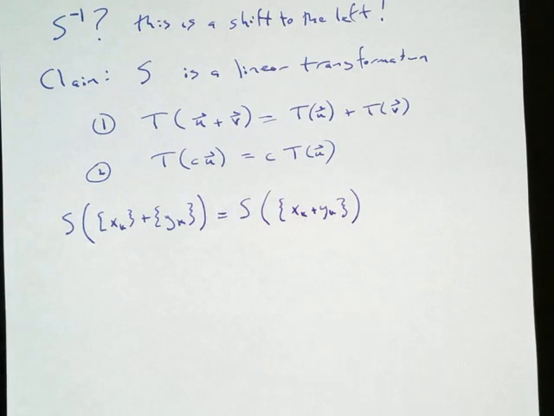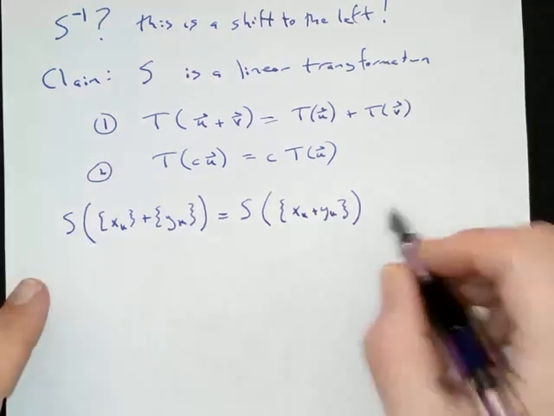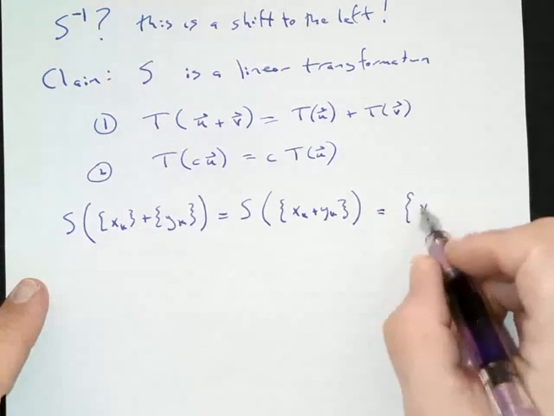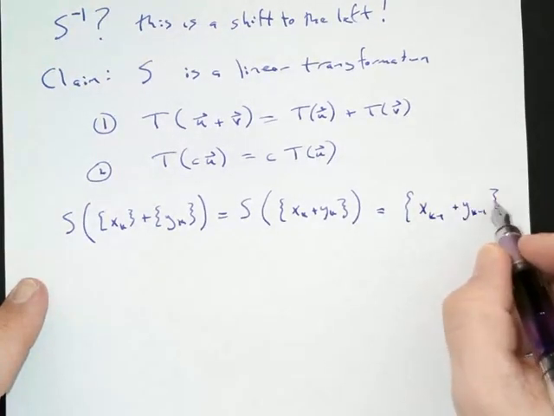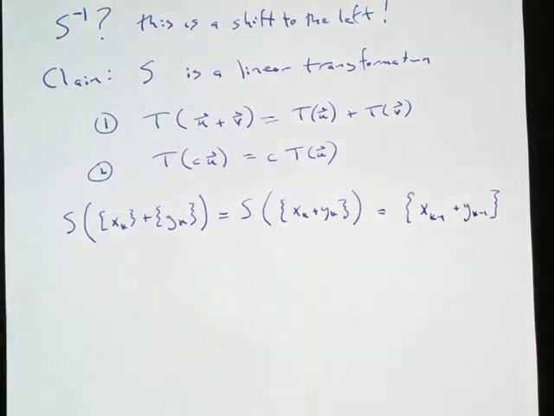But that is shift 1 unit right, yes? That is xk minus 1 plus yk minus 1. I just did it to both of them at the same time, yes?